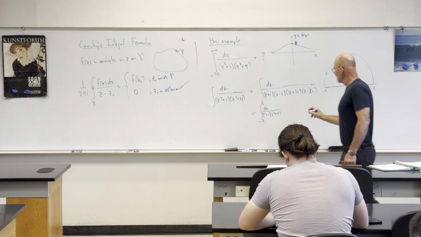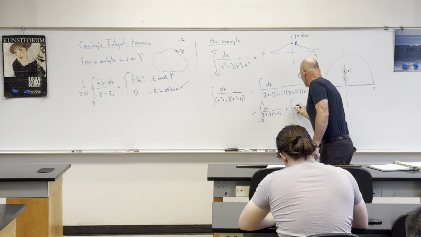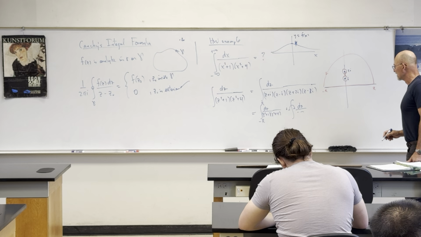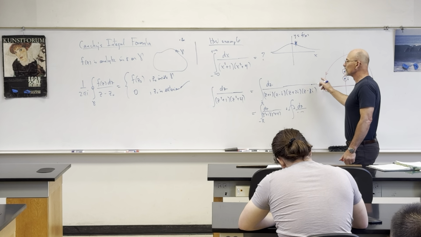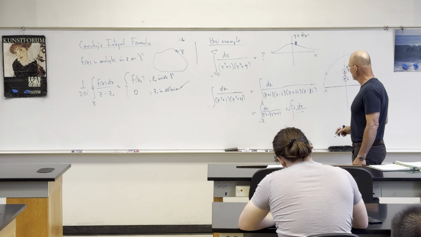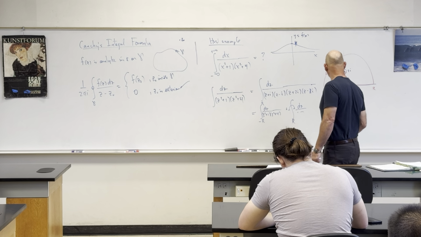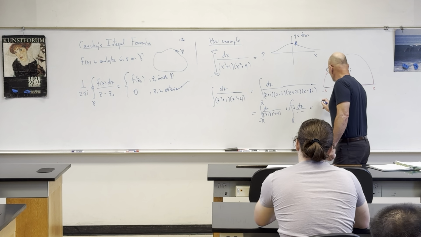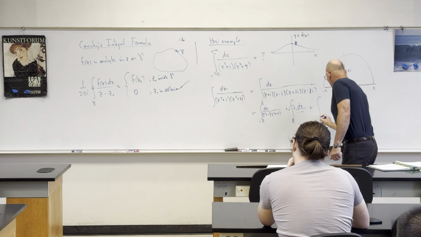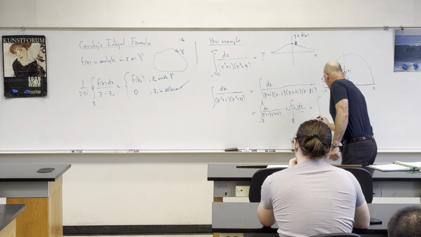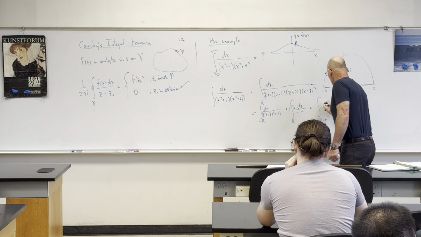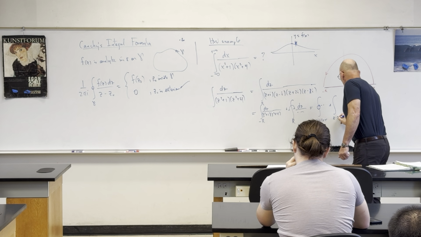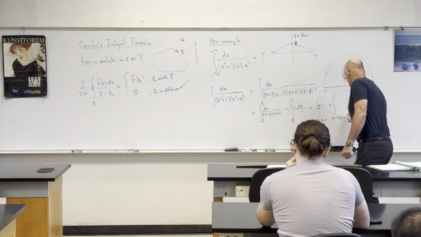And then it would be the circle where z minus I equals lowercase r, and the other one would be z minus 2I equals lowercase r.